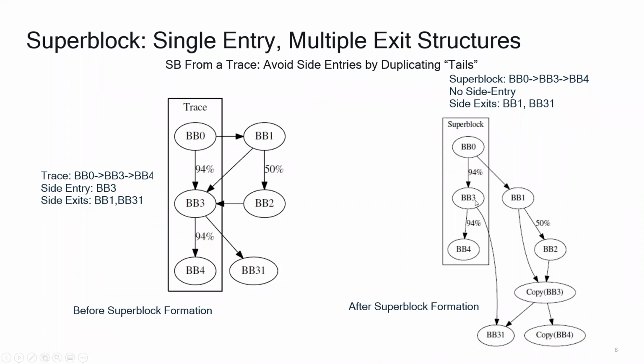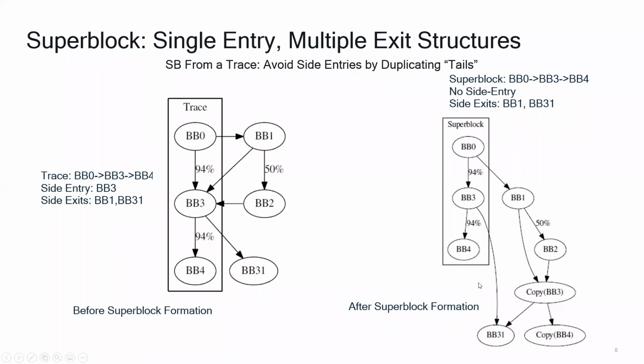Initially BB3 had two incoming edges, from BB1 and BB2. Now those outgoing edges from BB1 and BB2 are directed to the copy of BB3 that we have replicated. So this is how we get rid of side entries. So this is actually a superblock, a trace without a side entry.